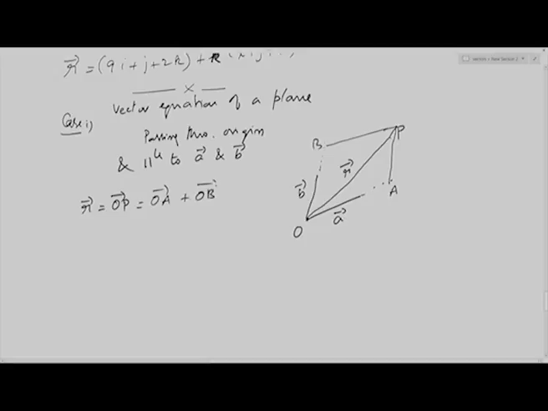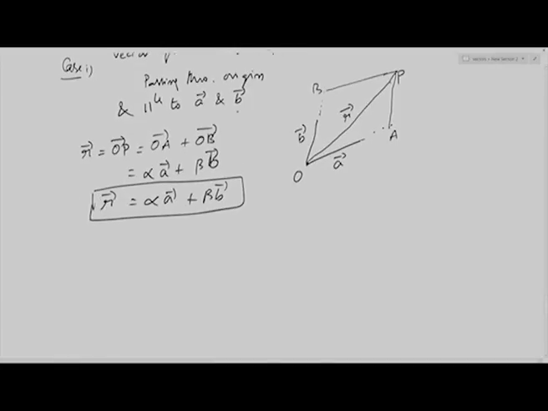And the OA will be some alpha times, it is not exactly equal to the modulus of A, therefore, it is alpha times the vector A. Similarly, OB also will be beta times the vector B. Okay. So, now we have got the equation, R is equal to alpha A plus beta B, where alpha and beta are some scalars. So, this is the equation of the plane passing through the origin parallel to the given vectors A and B.